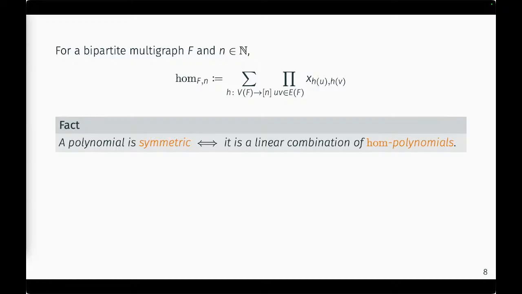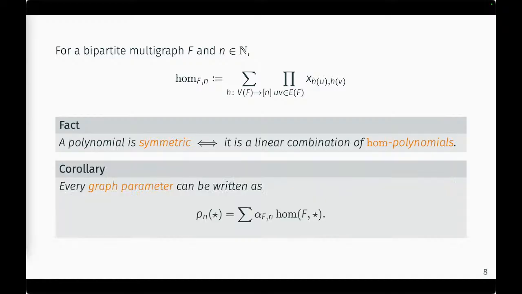It's not very hard to show, but what it tells us is that if we work on matrix symmetric polynomials, all we ever need to care about is homomorphism polynomials. The surprising thing is that this is actually a useful perspective. Okay, this is just what I said rephrased: every matrix symmetric polynomial is a linear combination of homomorphism polynomials.